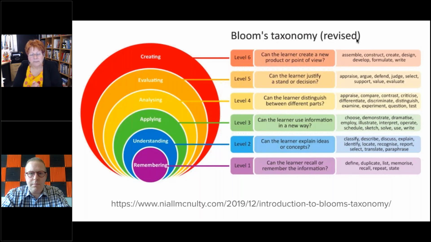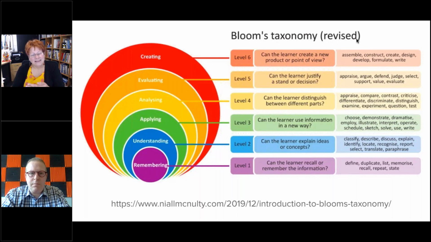So when we look at Bloom's, how it works is we start at level 1, and there's a logic that kind of scaffolds in Bloom's. So level 1, we're saying before somebody can understand something, they have to be able to remember it. Then before they can apply it, they need to be able to understand it.